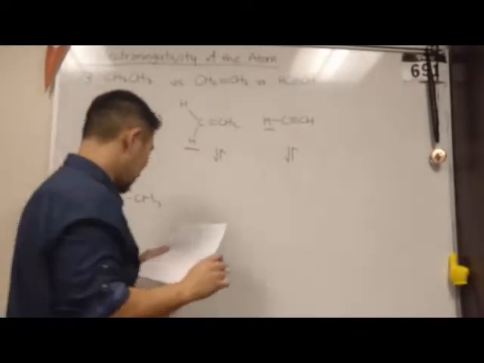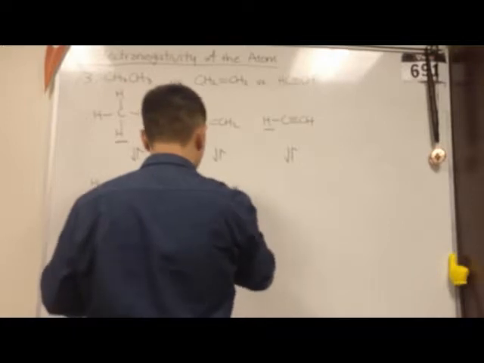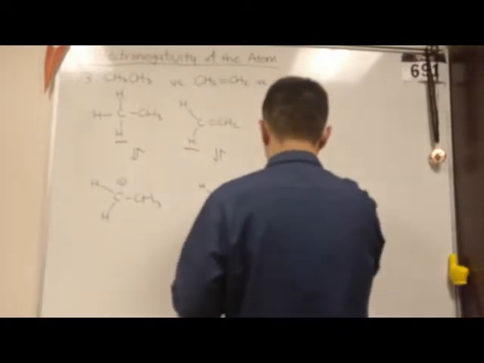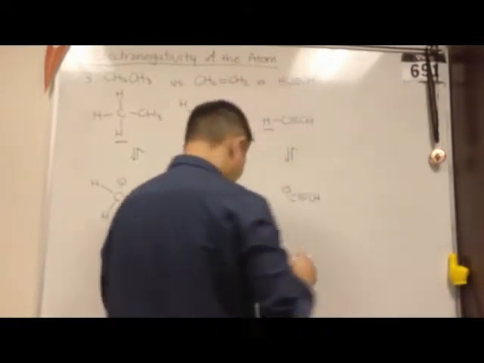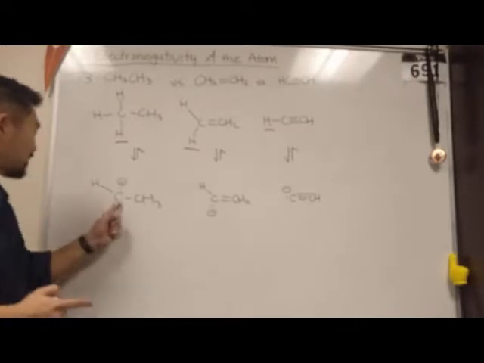It looks like that. If an alkene loses a proton, it will become this conjugate base, and if an alkyne loses a proton, it would become a conjugate base like that. Let's think about the hybridization of this carbon.